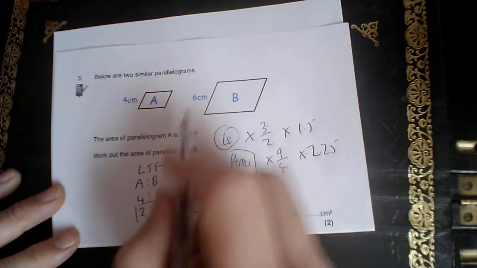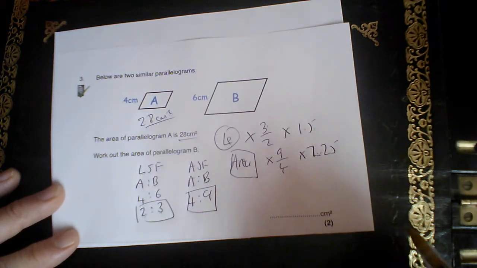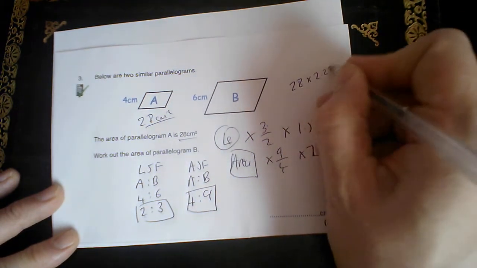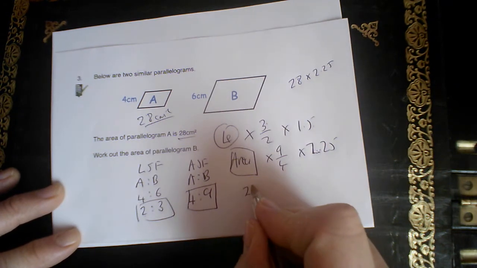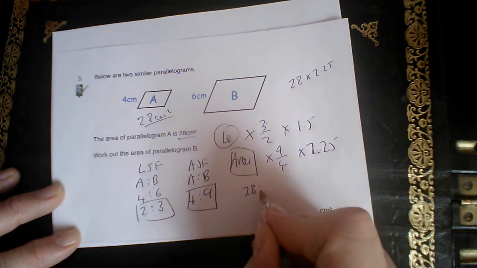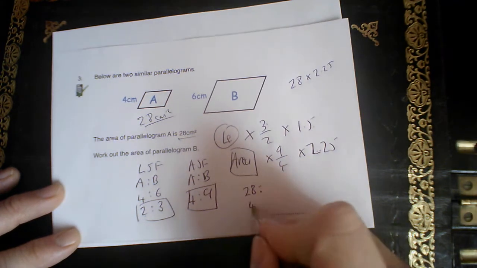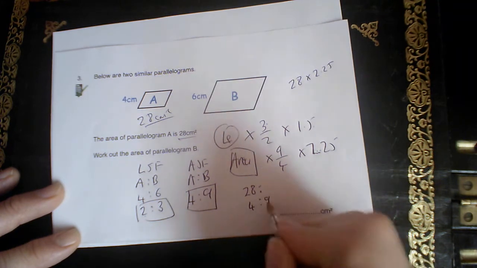So we know A has an area of 28 centimetres squared, so I just need to multiply 28 by 2.25. Well, I might do this using ratio. So 28 to something is 4 to 9.